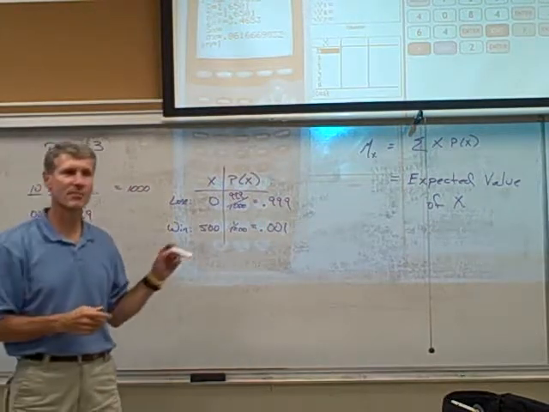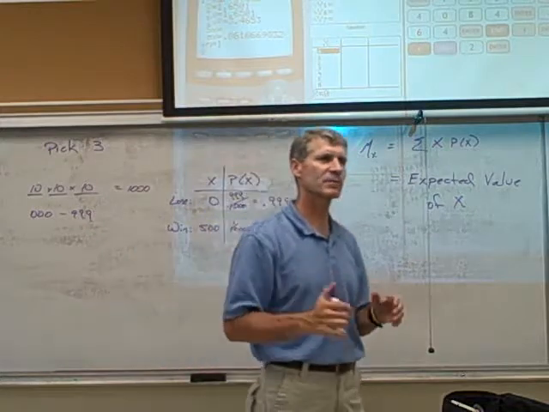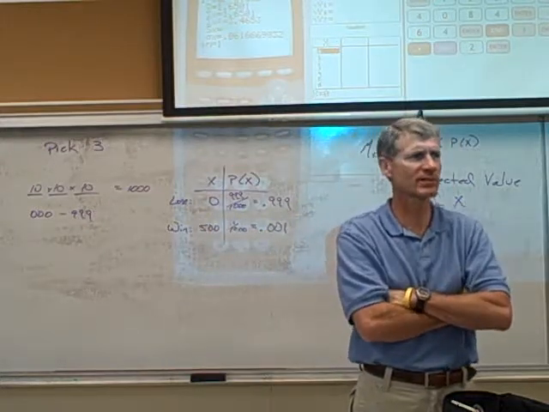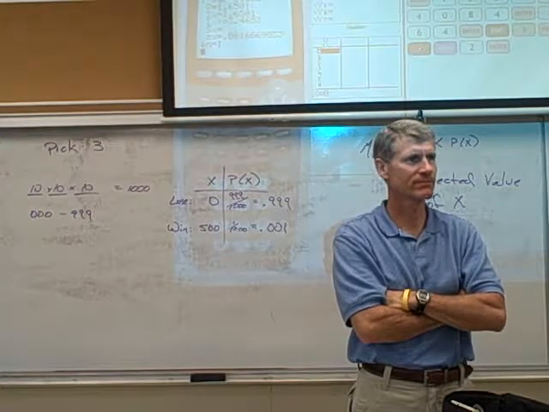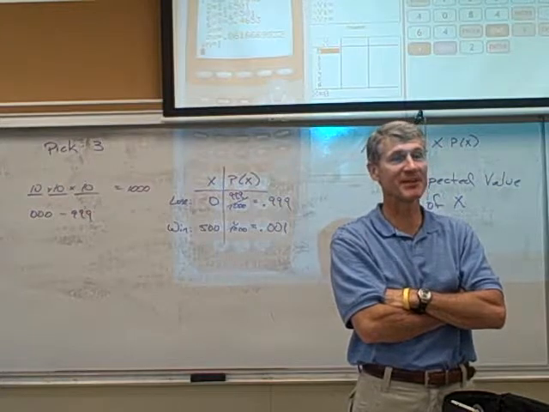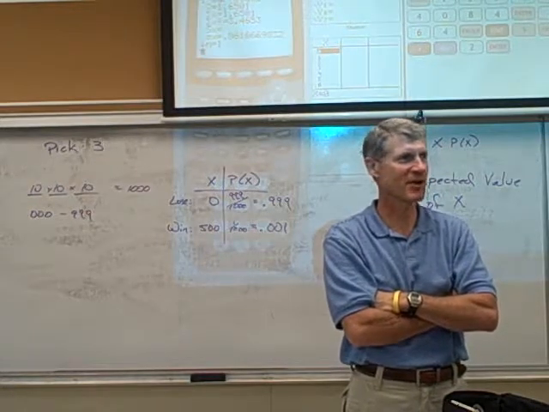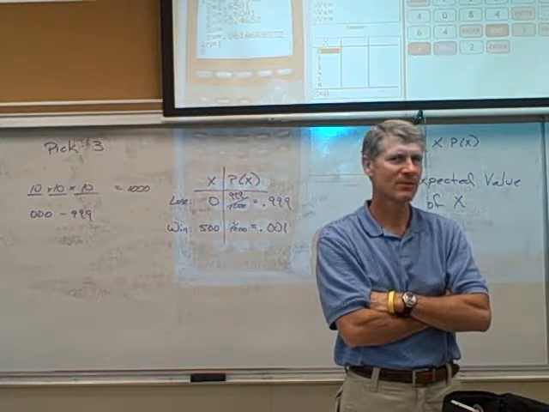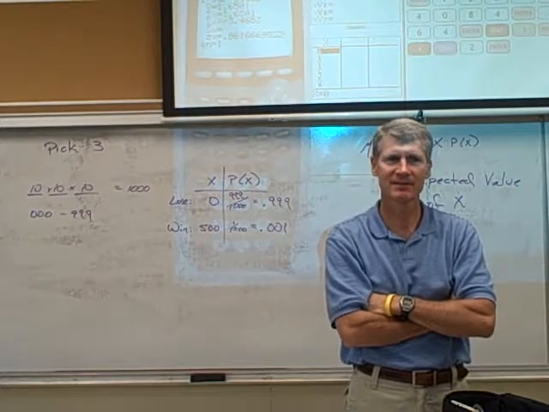Now, the big question on a problem like this is always, what's your expected winnings? What are your expected winnings when you play this game? $500. If it was $500, if that was the expected value, I'd be playing as often as I could. What does expected value mean?